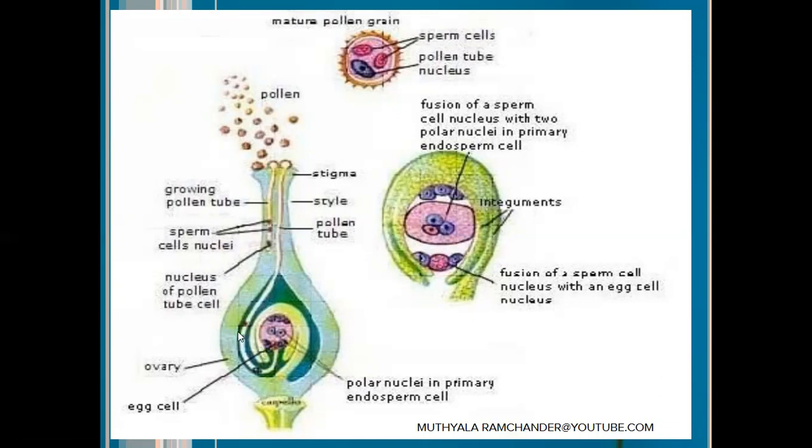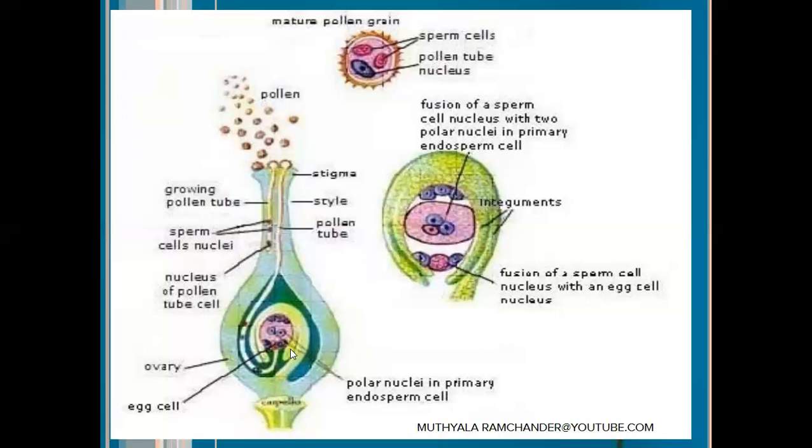Finally, the pollen tube reaches the ovule. If hollow-shaped styles are present in the angiosperms, the pollen tube reaches the ovule through the hollow-shaped structure. Finally, the pollen tube reaches the ovule.